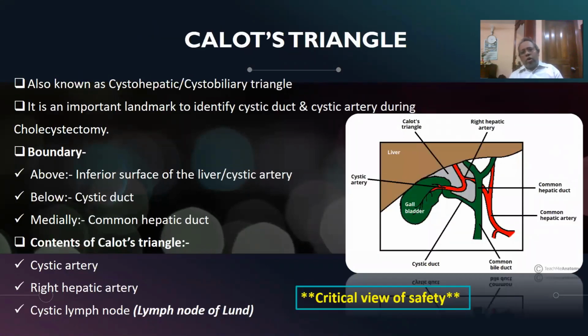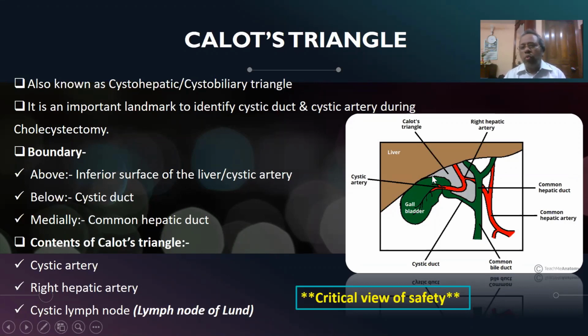Now, with the gallbladder anatomy discussion, we discuss a very important triangle, which is very important for surgical dissection during excision of the gallbladder. At that time, we are very cautious about Calot's triangle.